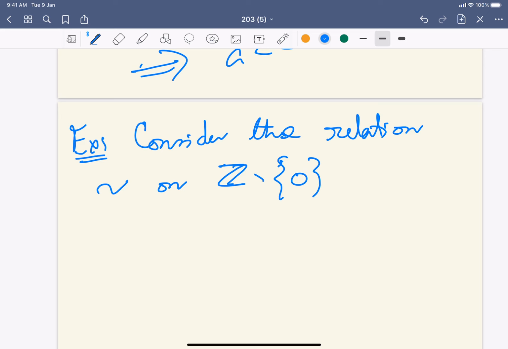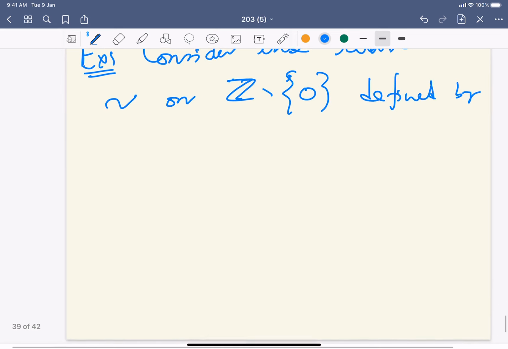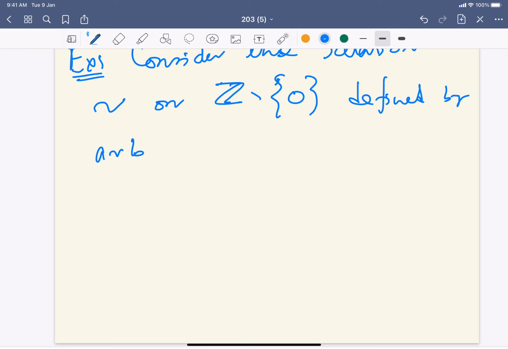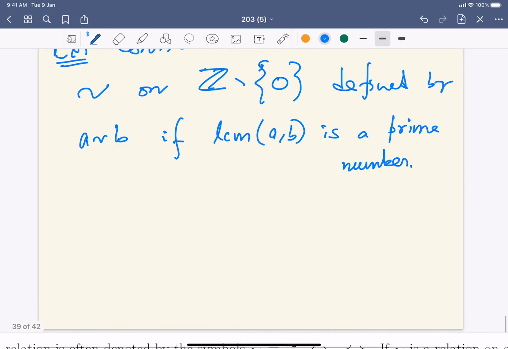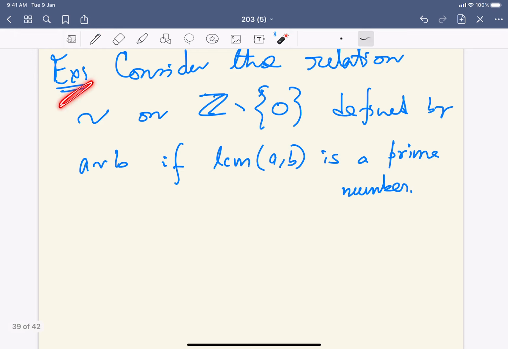Okay, consider the relation tilde on Z minus 0 defined by, so you say a is related to b if the LCM of a and b is a prime number. Okay, then this is the exercise you just considered.